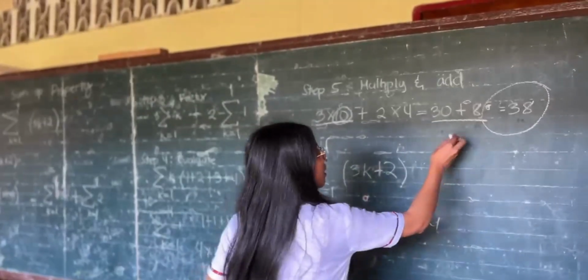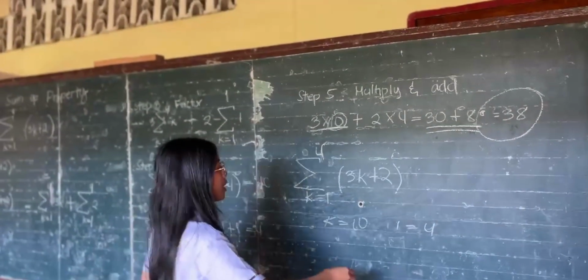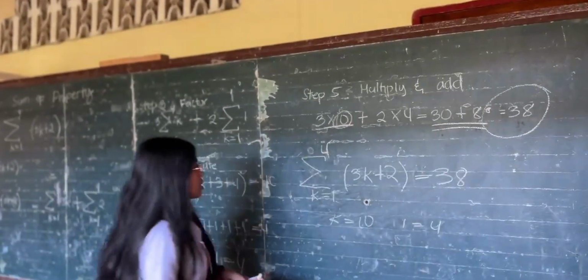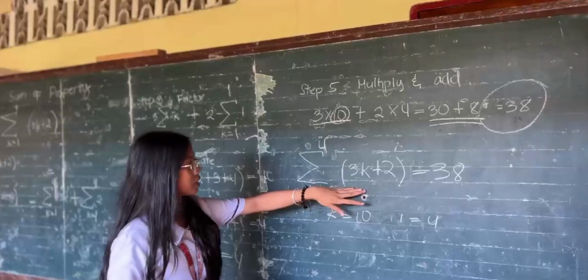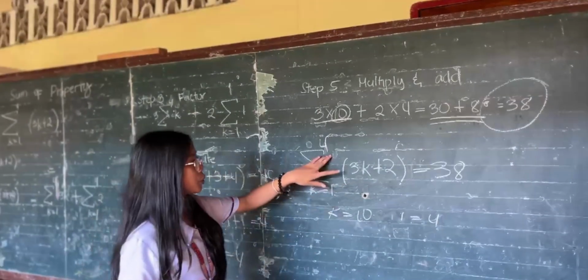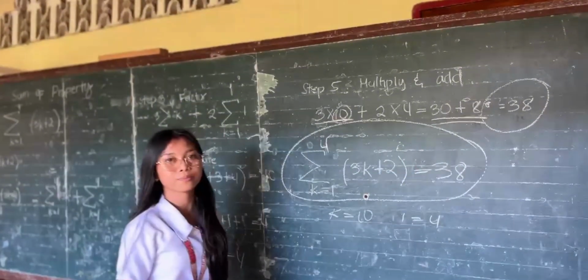So we add 30 plus 8 equals 38. Then our final answer is 38. So the summation of the quantity 3k plus 2, where k equals 1 to 4, equals 38. So this is our final answer.